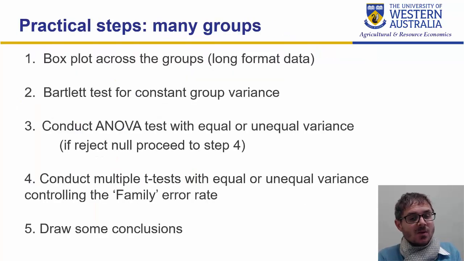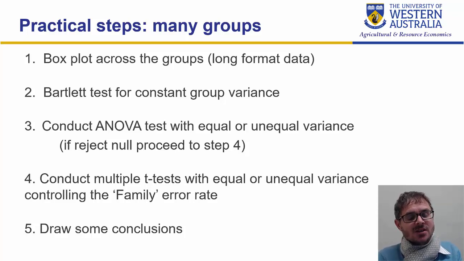So what have we done? When we have ANOVA, we have a formulation that we follow: box plot, followed by Bartlett test, followed by one-way ANOVA test, followed by multiple t-tests if we reject the null for the ANOVA test. And then we draw some conclusions.